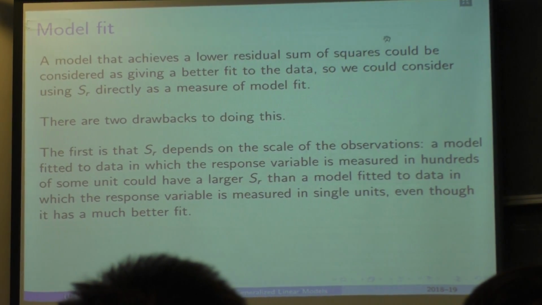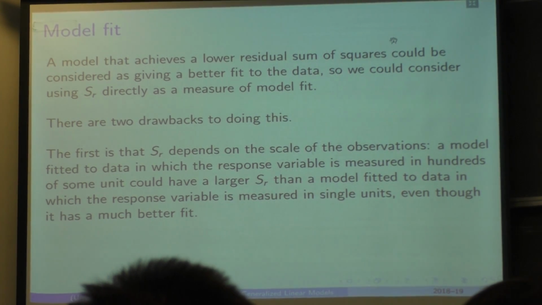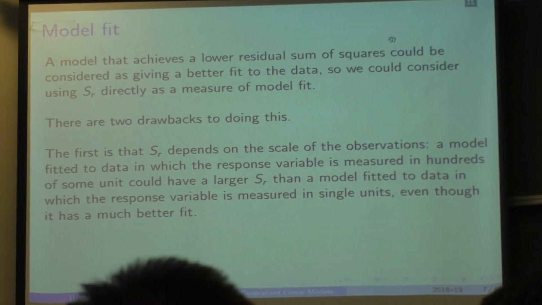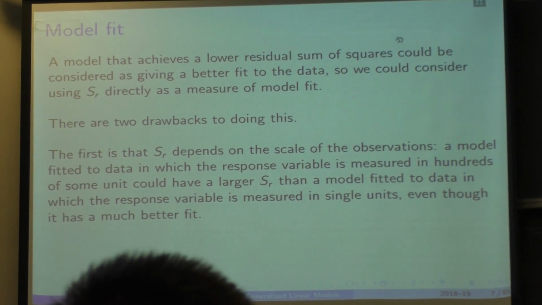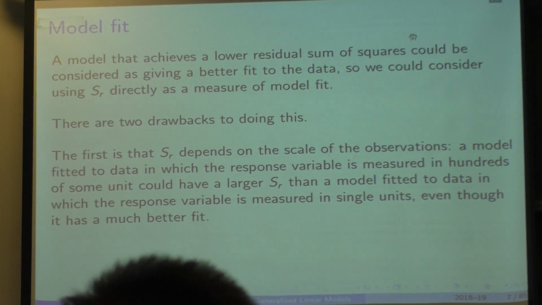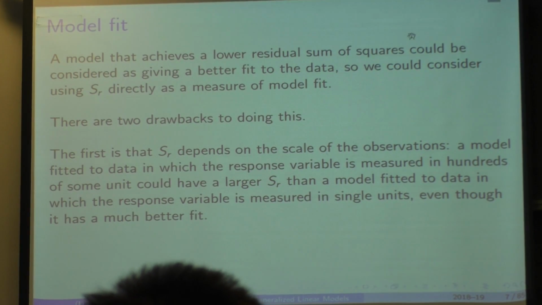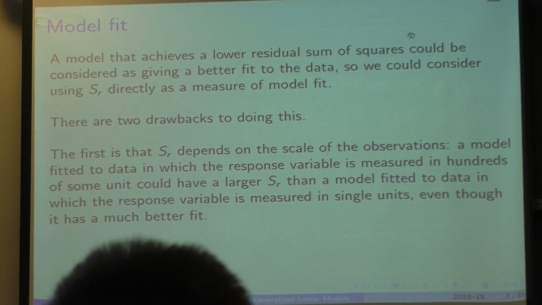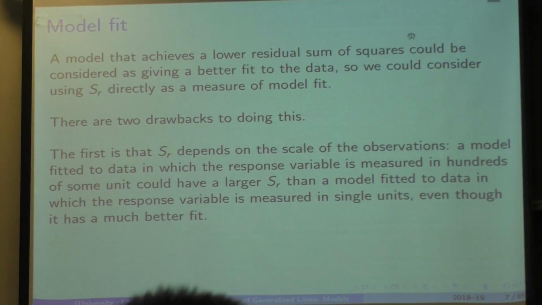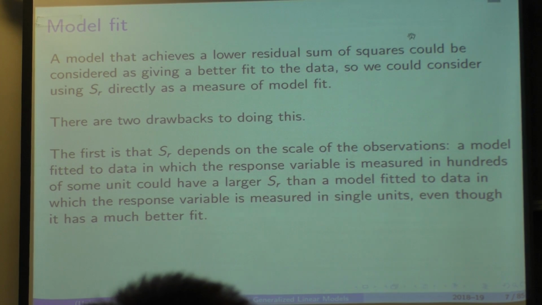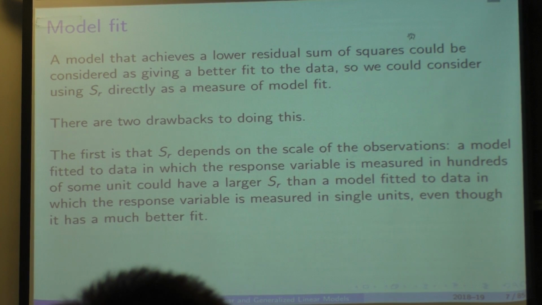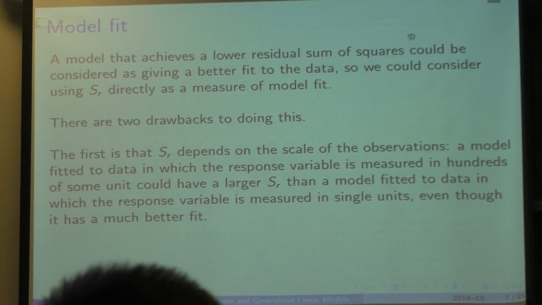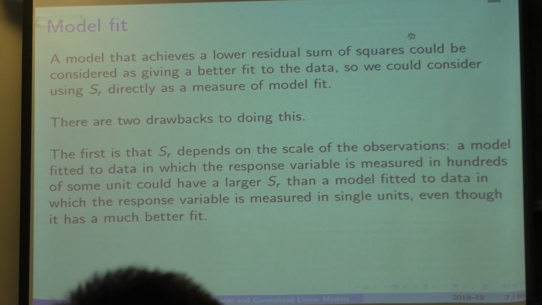If you think about the units that the observations yi were measured in, if you change the units, you're also going to change the fit, because the coefficients will change as well to adjust for the change in units, and so SR will change because it has those intrinsic units. So if we want to have some sort of absolute idea of the quality of model fit, it makes sense to have some sort of adjustment to give a dimensionless quantity for model fit.